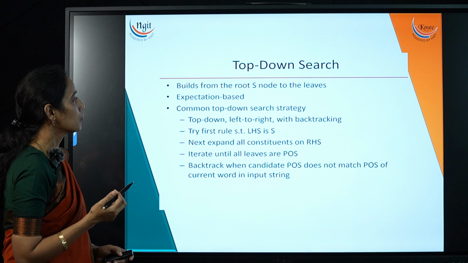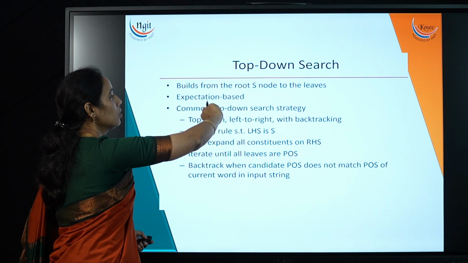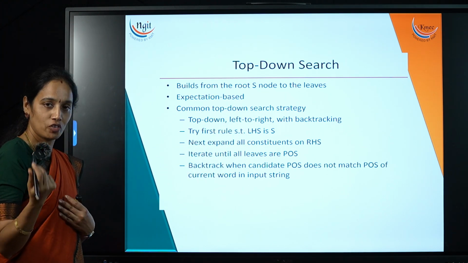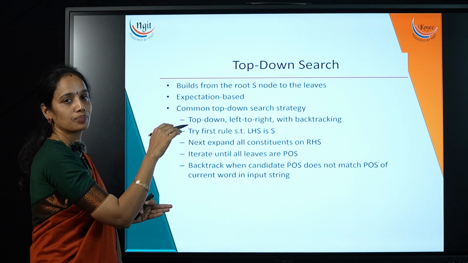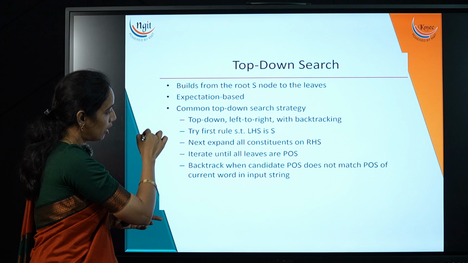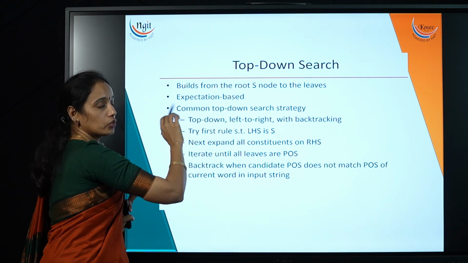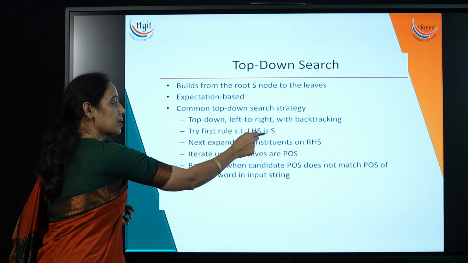And see here, top down search builds from the root S node to the leaves. Why? Because it is top down, expectation based, and the common top down search strategy is top down, left to right, with backtracking. Top down left to right with backtracking is the way we do top down parsing. Try the first rule, that is, the LHS is compulsorily the start symbol.